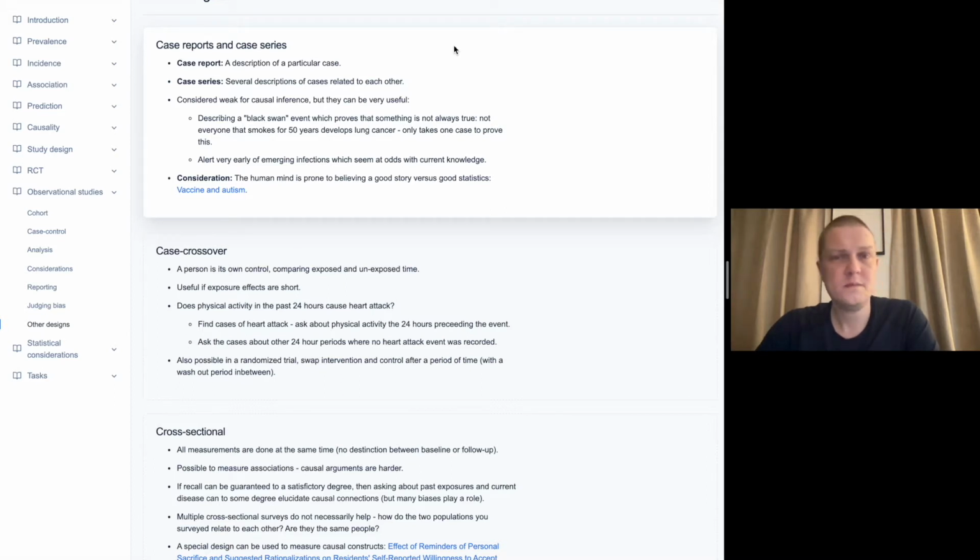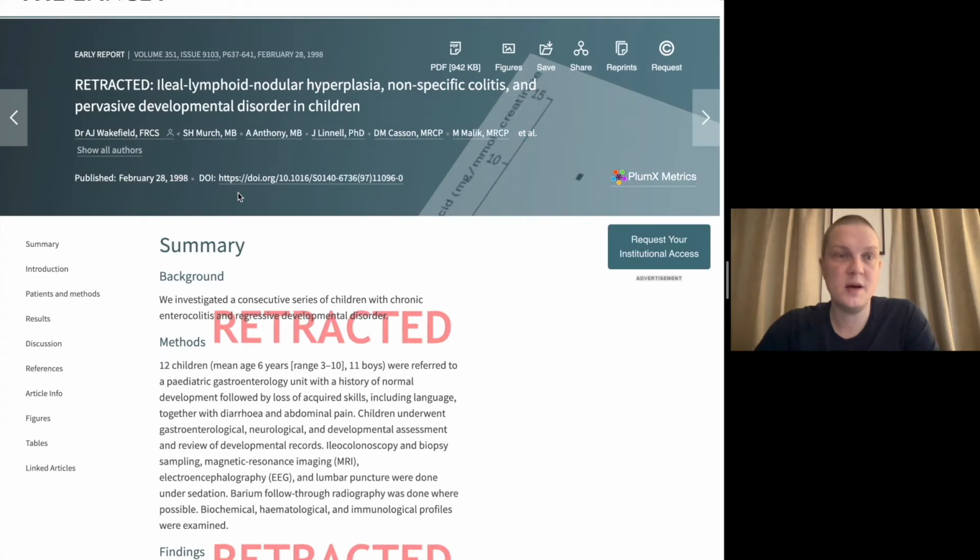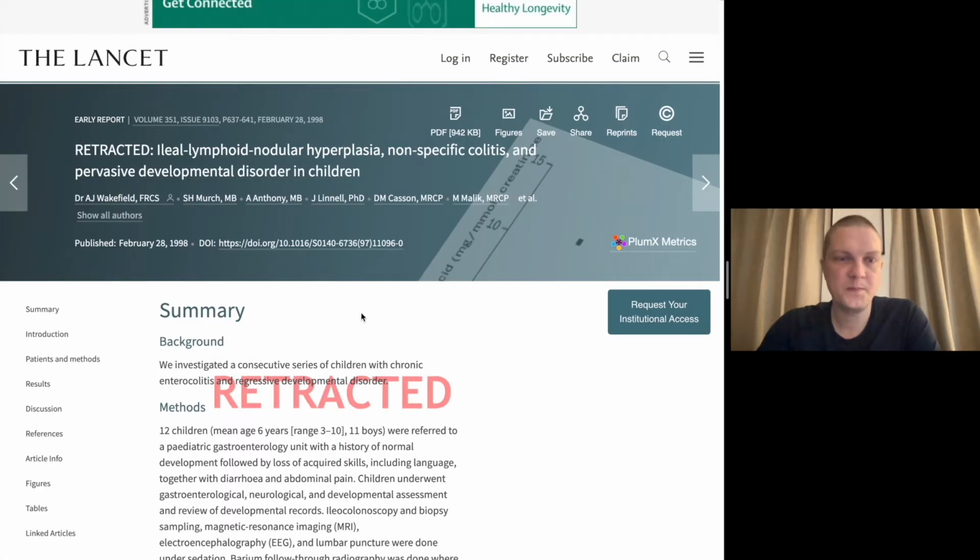Unfortunately, the human mind is prone to believing a good story above good statistics. So one has to be very careful when putting out case reports and case series because they can be very convincing. As we know, the vaccine and autism connection was retracted, but from the Lancet.